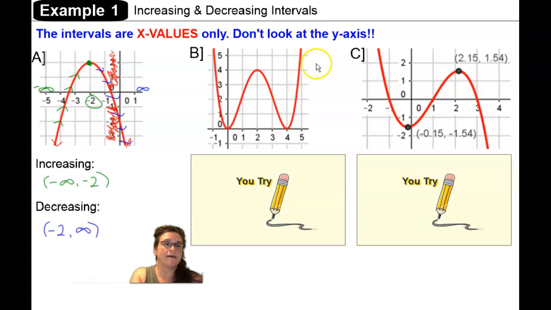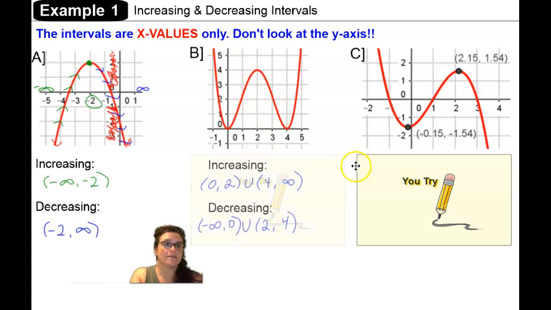Hey, welcome back. We're going to look at examples B and C together now that you've given them a try. So in example B, the interval where the graph is increasing occurs from 0 to 2. If we look at this turning point here, this is our relative minimum of 0, and it occurs at the origin where x is 0, and then we can see that the graph is increasing in y values until we reach this relative maximum where x equals 2.